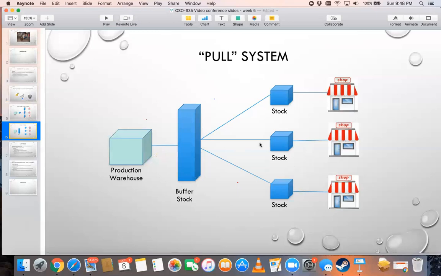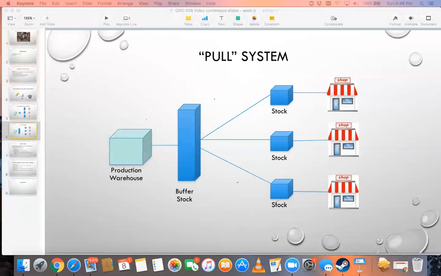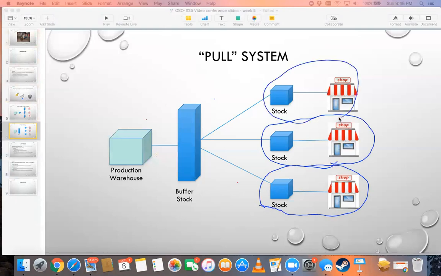Now, this is basically symbolic. It isn't always the largest. But what this basically says is that the vendor is in control of what is pulled to it. So in reaction, it says, hey, production warehouse, we are going to tell you how much product we need on a daily basis or whatever, and you're responsible for making sure that we can pull from you.